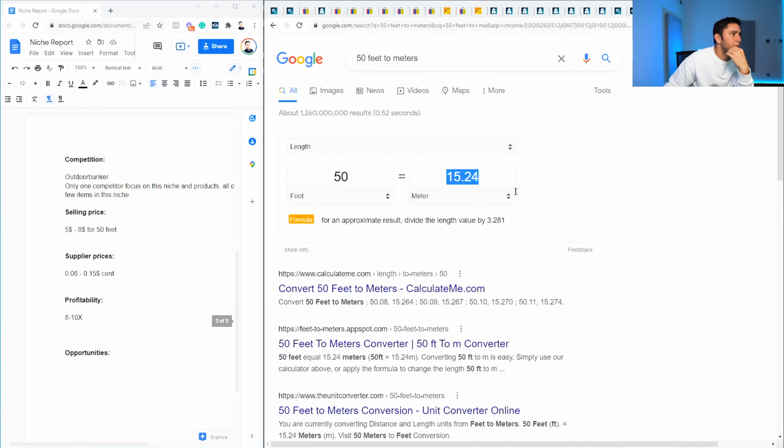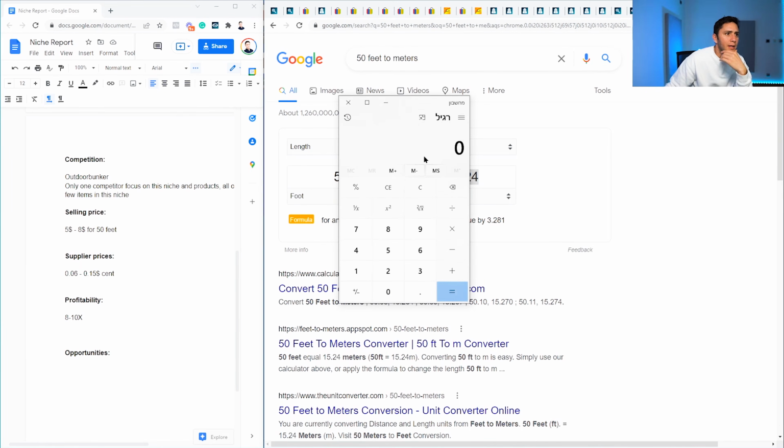So if you buy 1524 and you times it by 15 cents, it's $2 already, right? It's not so attractive. But if you manage to take it down to 0.06, it's 91 cents, for a product you sell between $5 to $8. So yeah, it's between 8x to 10x, depending on the product and everything.